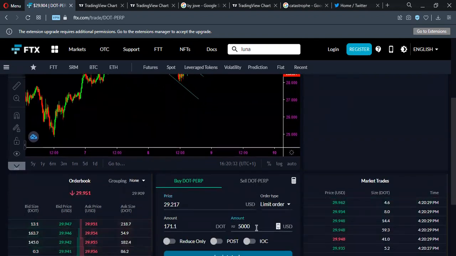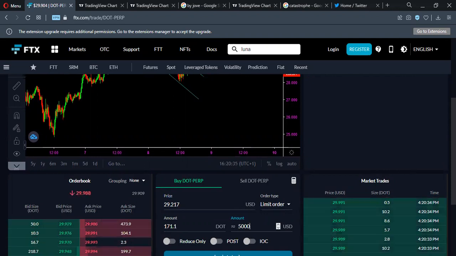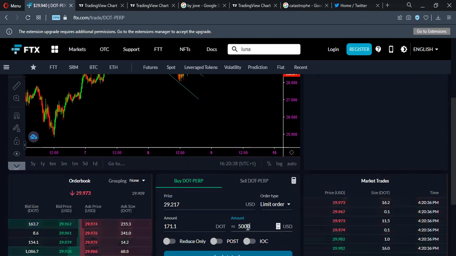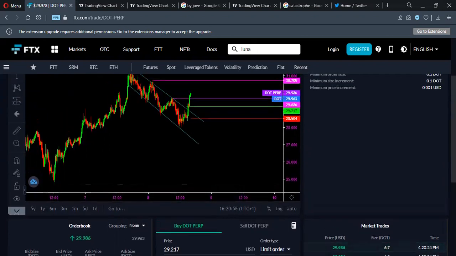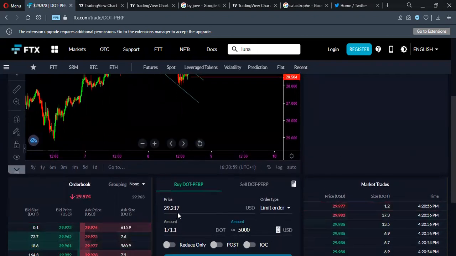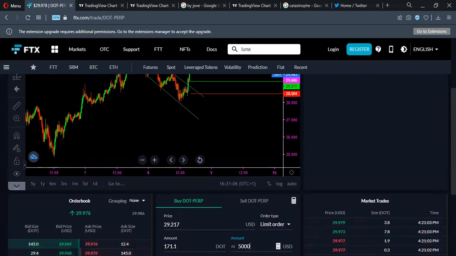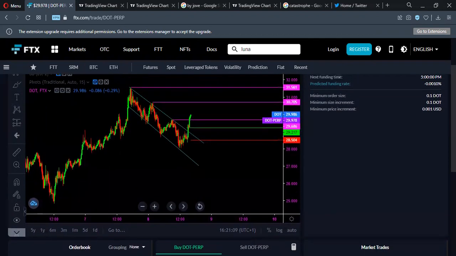By calculation, $5,000 should give us 171.1 pieces of DOT. So having done that, we bought 171.1 pieces of DOT at 29.217. The question now is, how do we take partial profit?